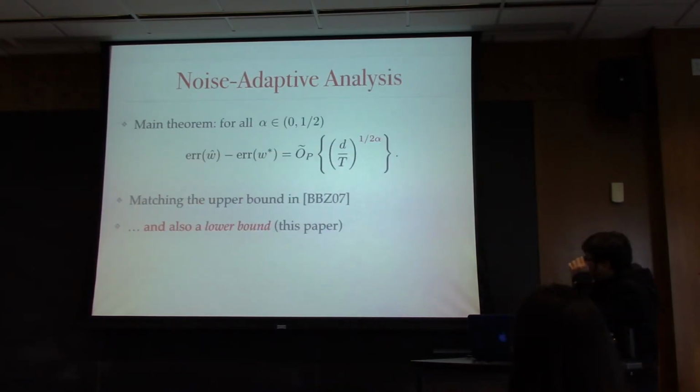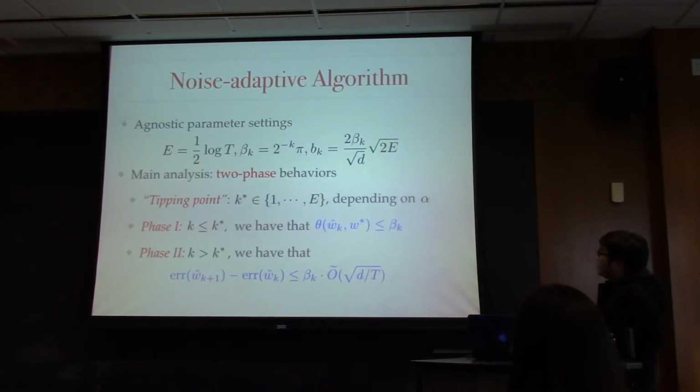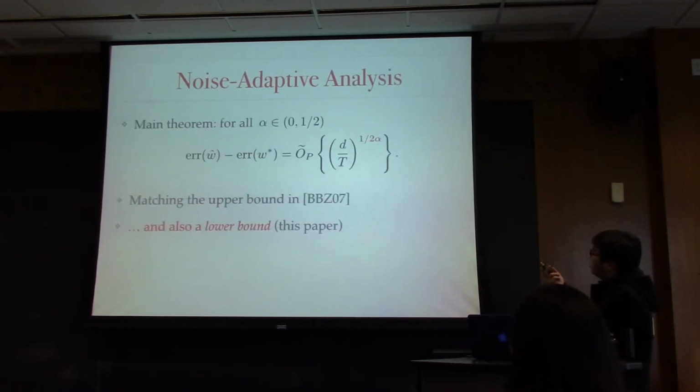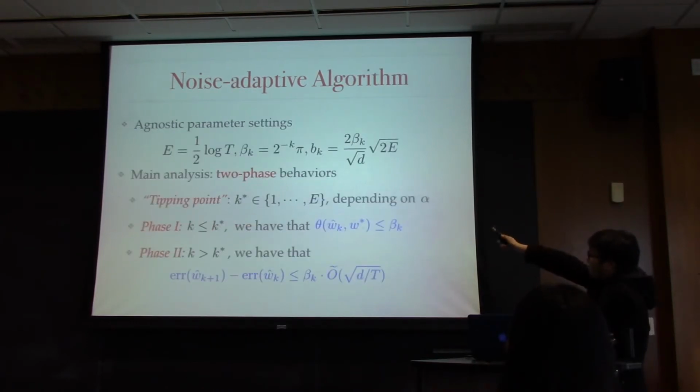Okay, so by combining this argument, we can show that these agnostic parameter settings will achieve essentially the same error rate, which is d over t to the 1 over 2 alpha, for all alpha parameters. I'm sorry, this is a typo, for all alpha parameters in 1/2 to 1. And this 1/2 is not crucial. This 1/2 can be replaced by any constant if you change this 2 here.